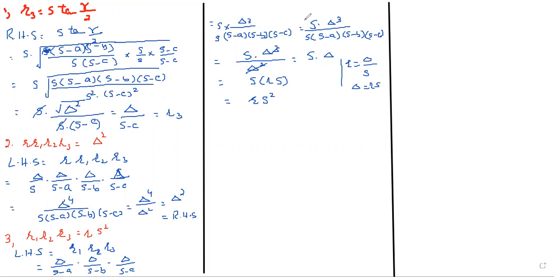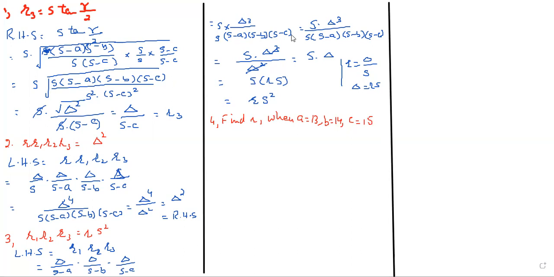The next point is find R. Okay, question number 4. Find R when A equals 13, B equals 14, and C equals 15.